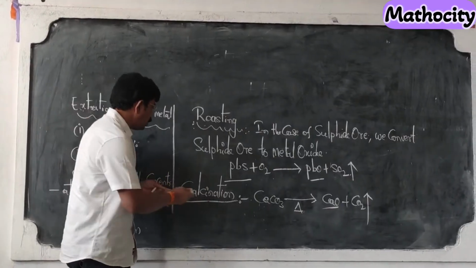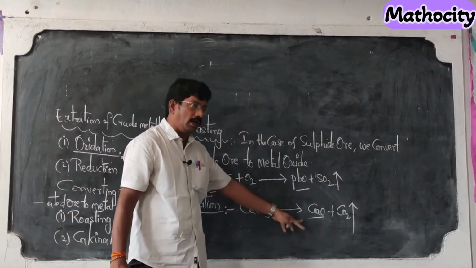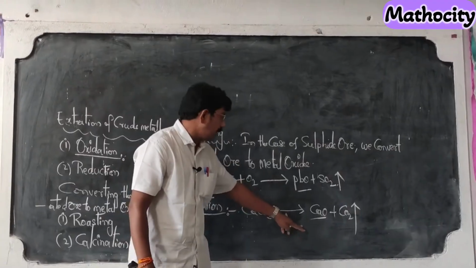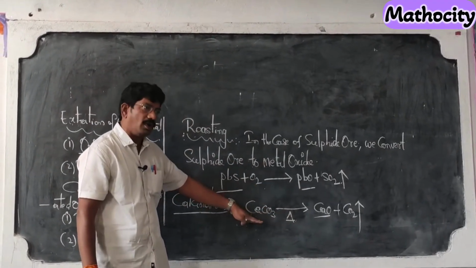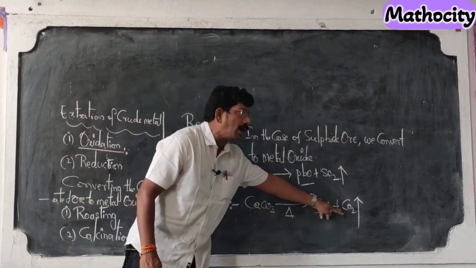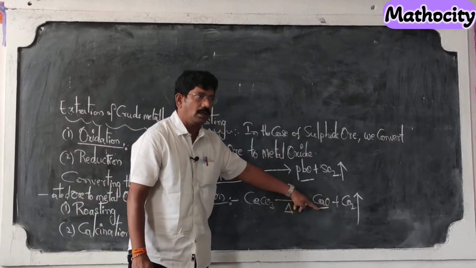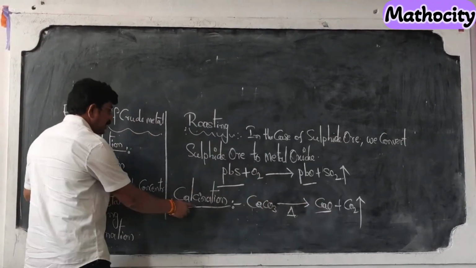So here in the calcination process, you are heating the ore strongly. Calcium carbonate, magnesium carbonate, or whatever it may be, the carbonate ore decomposes and gives carbon dioxide and metal oxide. So what do you understand by calcination?